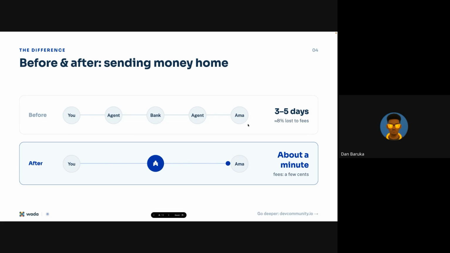You see that this will take a lot of days, and when we are talking about papers, we can fake papers, we can have delay, we can have error, we can have a lot of problems. We'll pay a lot of money because we are dealing with a lot of people, middlemen, so it's required to pay a lot of fees.